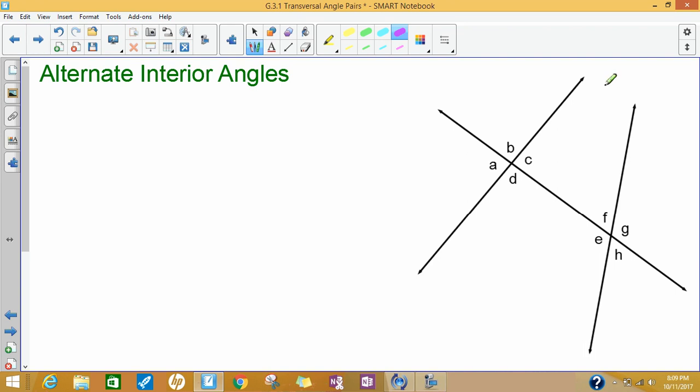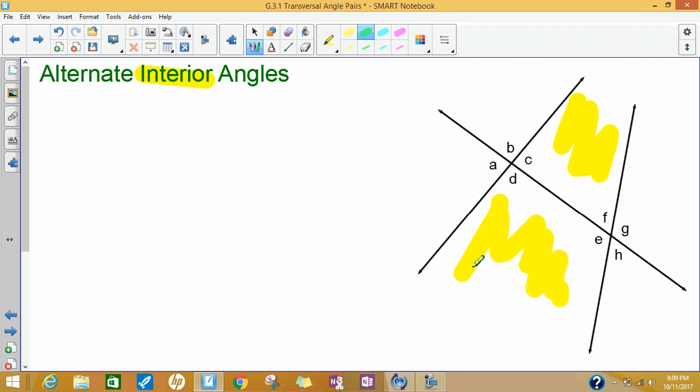My lines that are being intersected create exterior parts of the figure as well as interior parts of the figure. So when I'm talking about interior angles, I'm talking about angles that exist between the lines that are being intersected. So this space between these two lines is called my interior. Alternate means on opposite sides of the transversal.